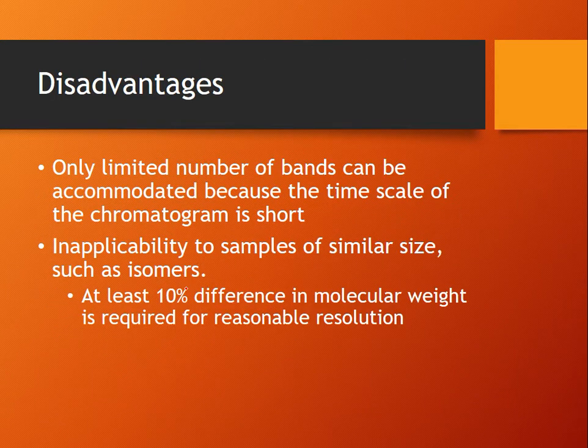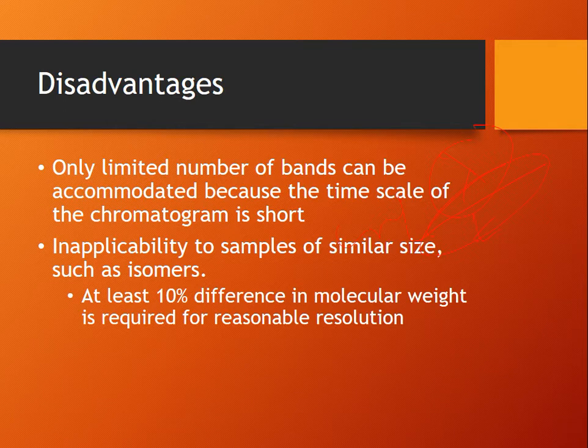The disadvantage is that only a limited number of bands can be accommodated because the time scale of the chromatogram is small. It is concentrated, very much small. So very limited bands can be accommodated. Bands means lambda max, whatever the limited bands we can apply over here.